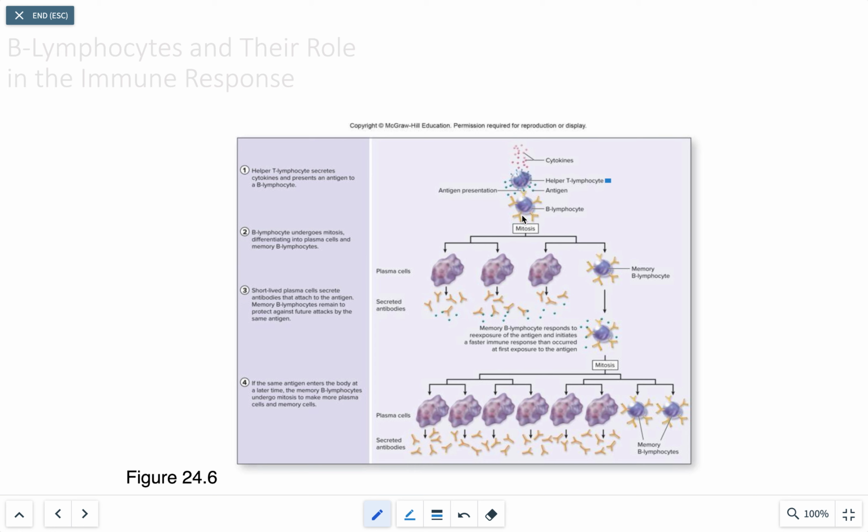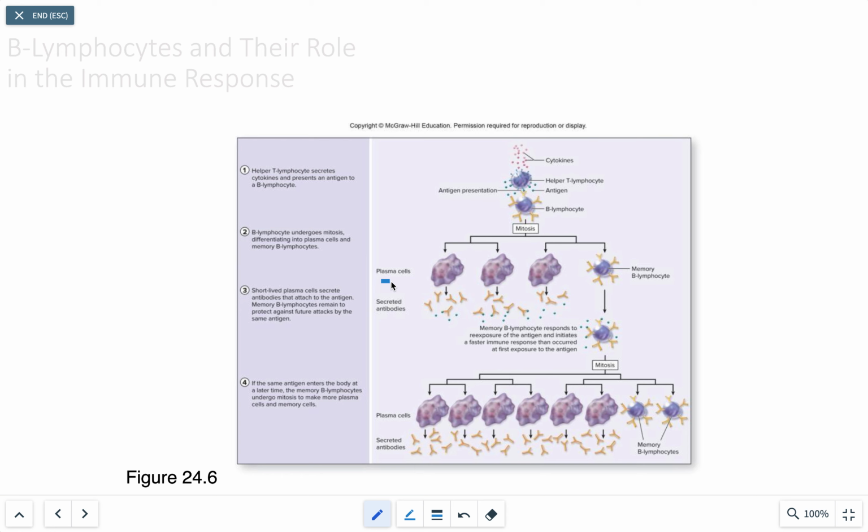Once it does that, it recruits the B lymphocyte, which has the antibody located on its plasma membrane or surface. So once a B lymphocyte has been recruited or activated, most B lymphocytes are going to divide into plasma cells.